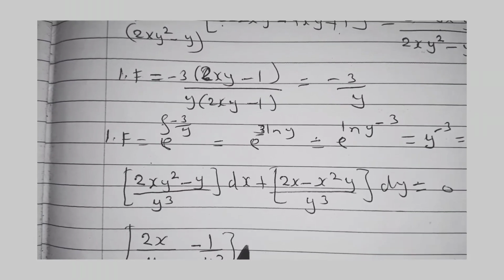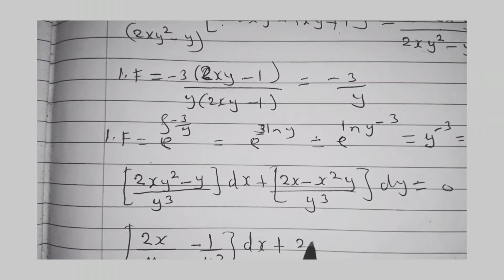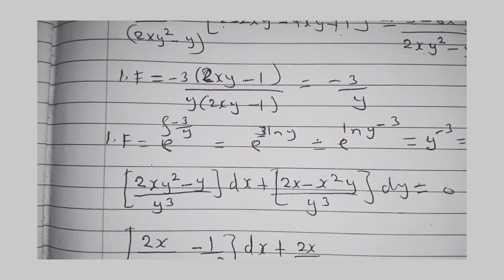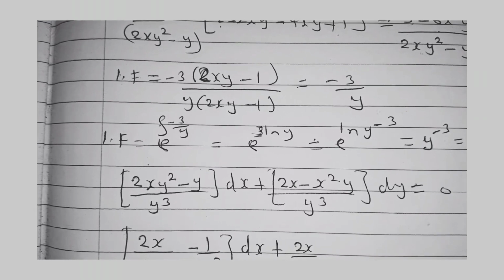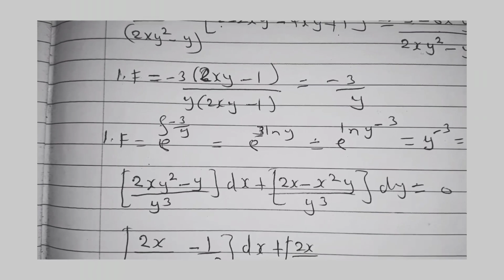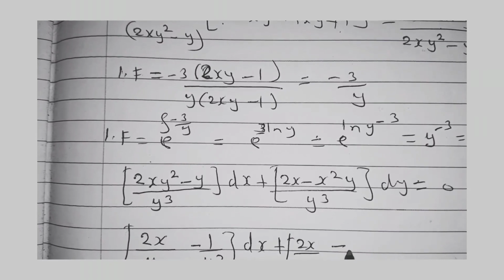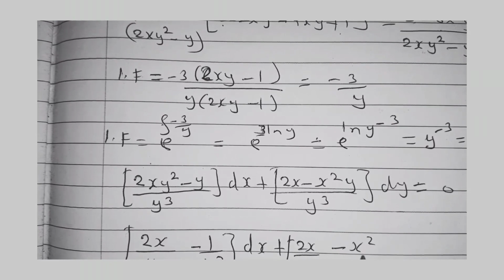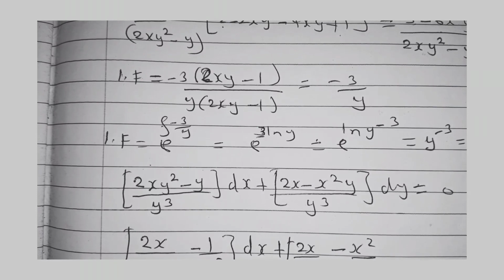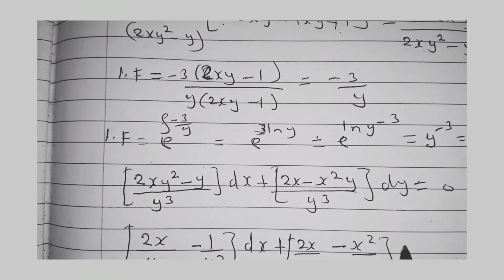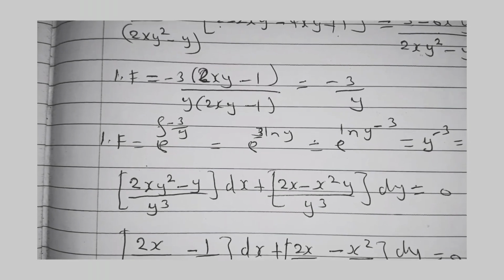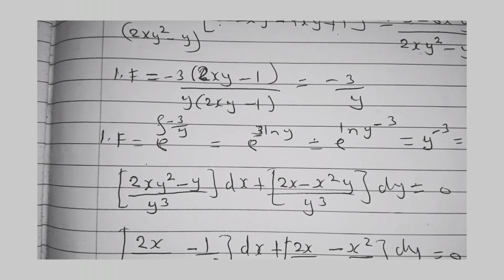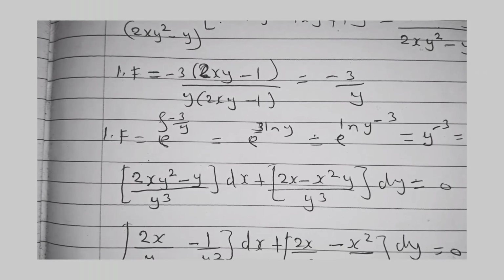So this is dx, plus here we will have 2x over y cubed minus x² divided by y², everything dy, which is equal to 0.